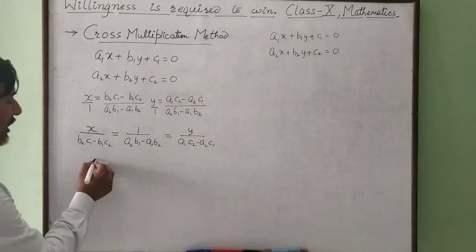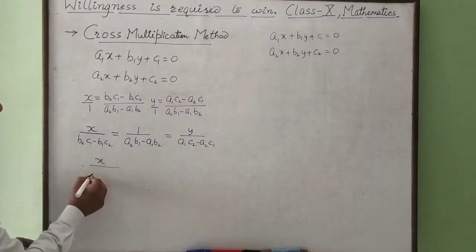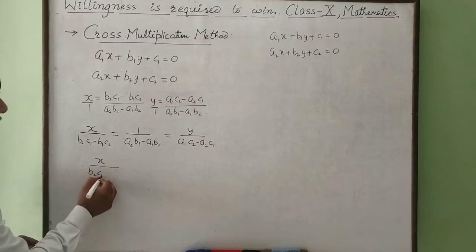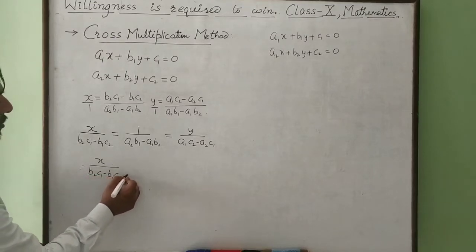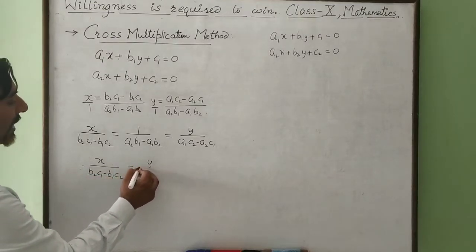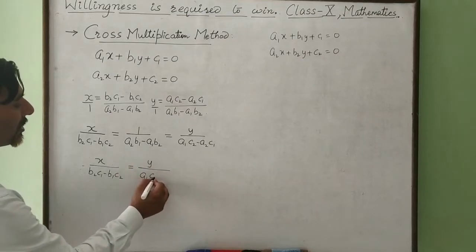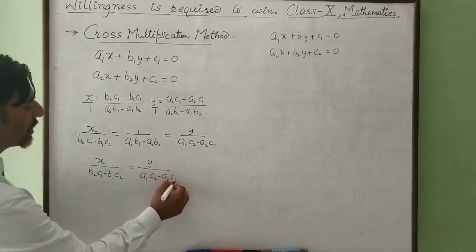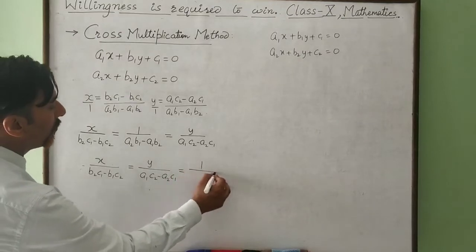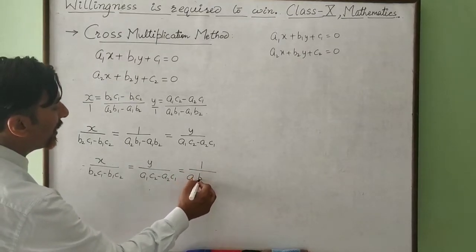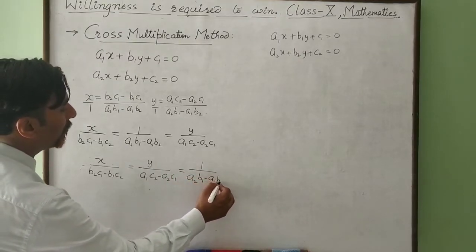So my situation changes to x upon B2 C1 minus B1 C2 is equal to y upon A1 C2 minus A2 C1 is equal to 1 upon A2 B1 minus A1 B2.